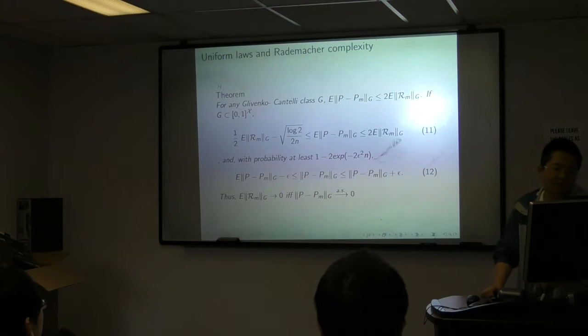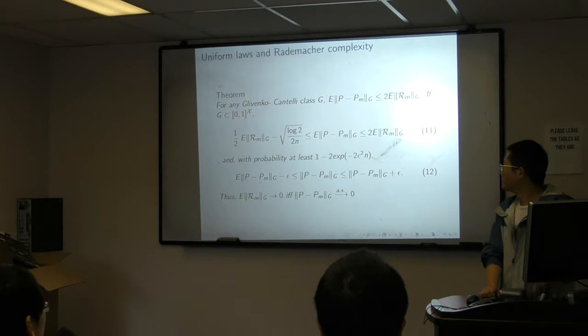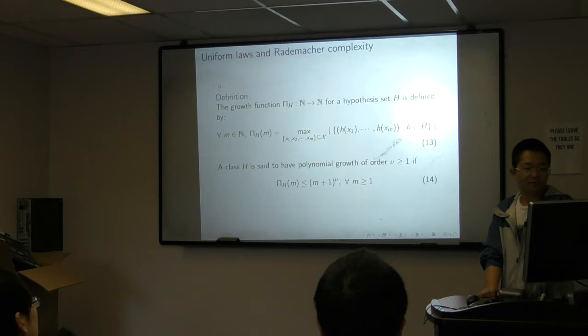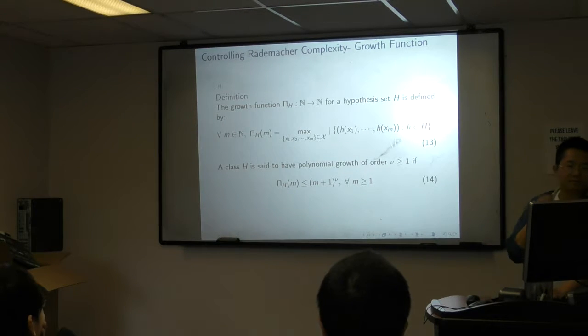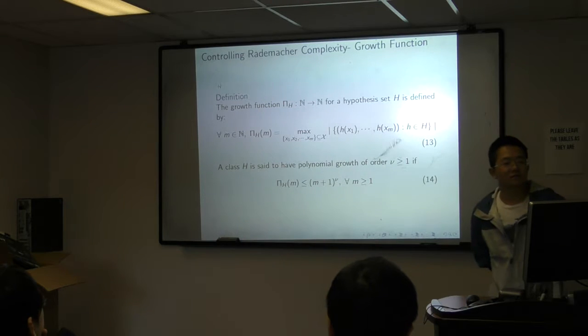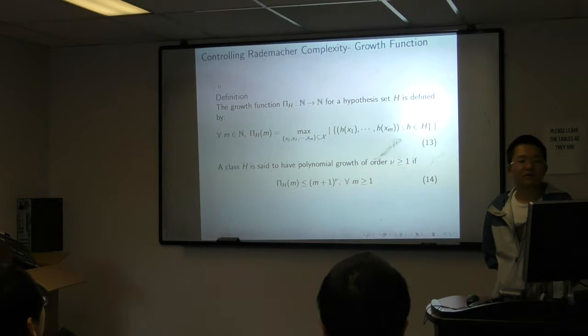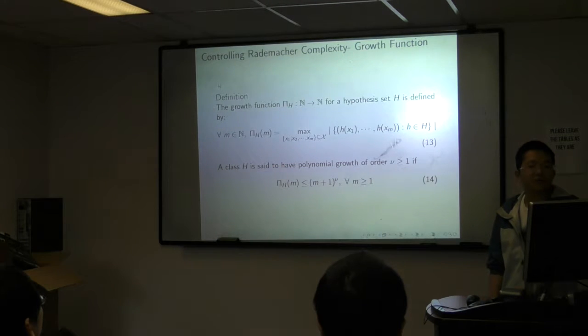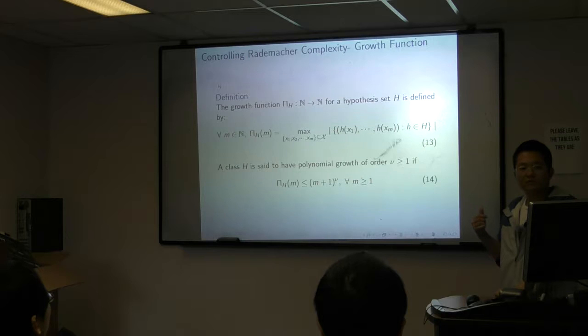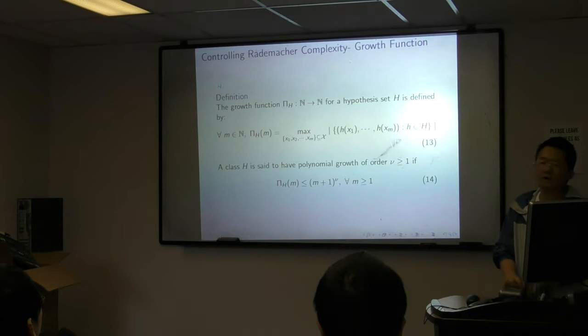Okay, I think last week we ended at this page, so I will keep going with the next. Actually, my topic is metric entropy. First, I will introduce how to control the Rademacher complexity. We introduce a notion called the growth function.